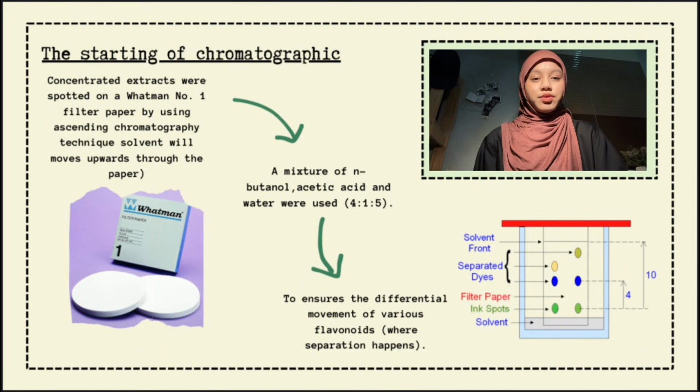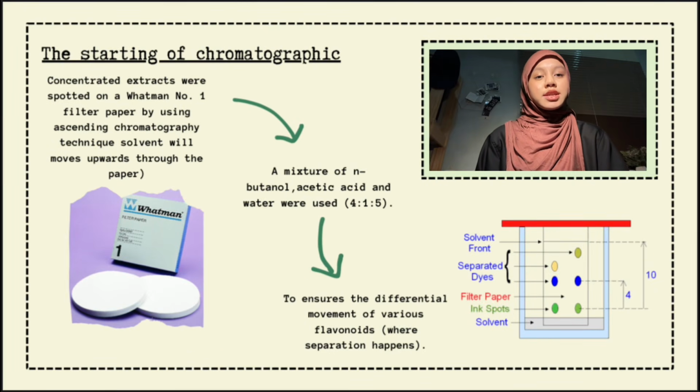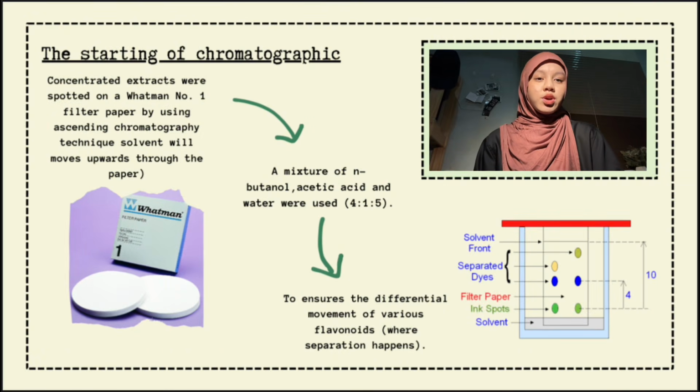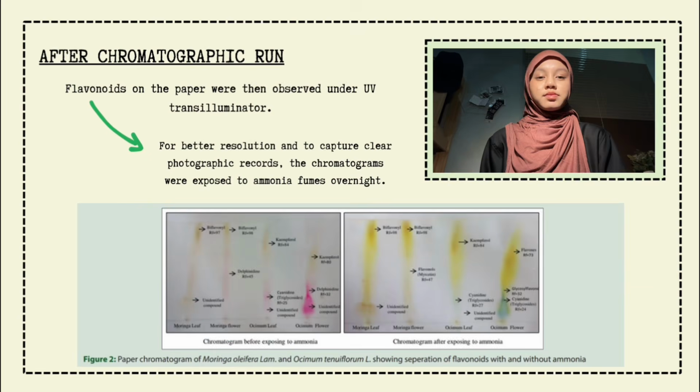A specific solvent system was critical for effective separation: a mixture of n-butanol, acetic acid, and water in a ratio of 4 to 1 to 5. This carefully chosen solvent ensures the differential movement of various flavonoids, leading to their distinct separation on the paper.